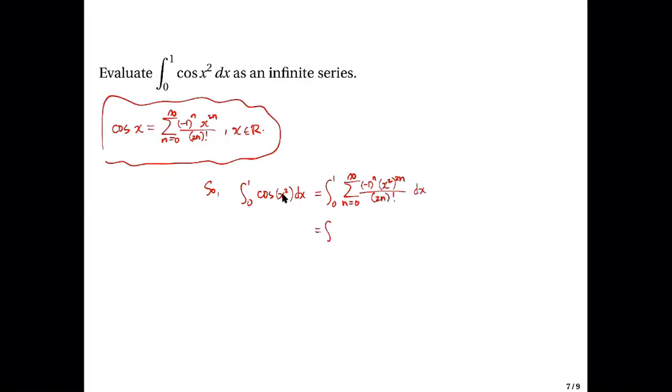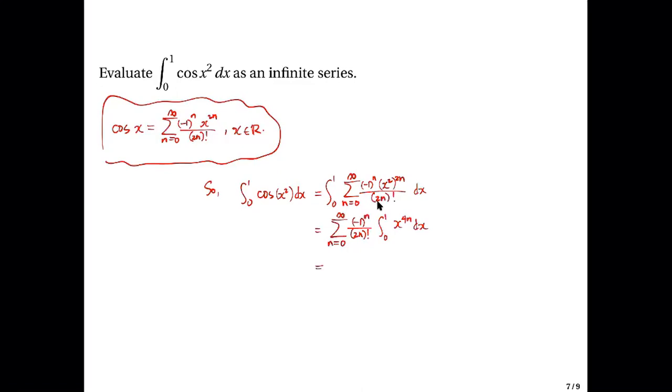Let us interchange the sum and the integral. So you have the series n equals 0 to plus infinity. Let us also bring out these constants: negative 1 to the n over quantity 2n factorial. And then we integrate from 0 to 1 x raised to 4n dx.